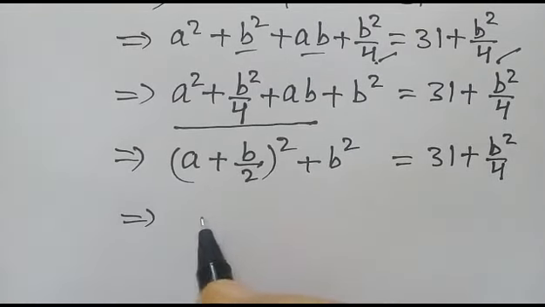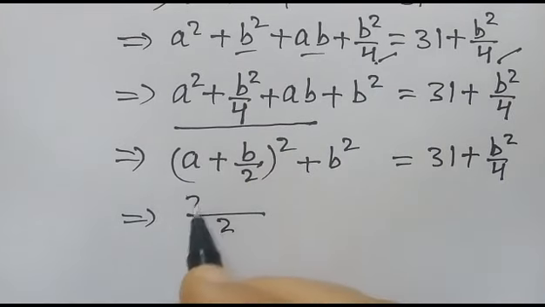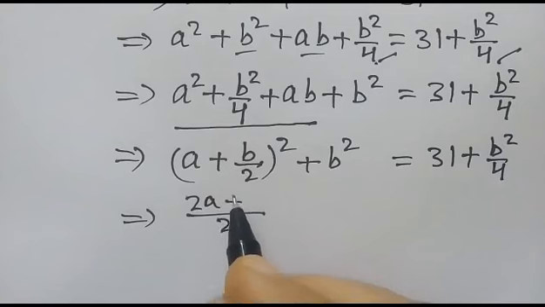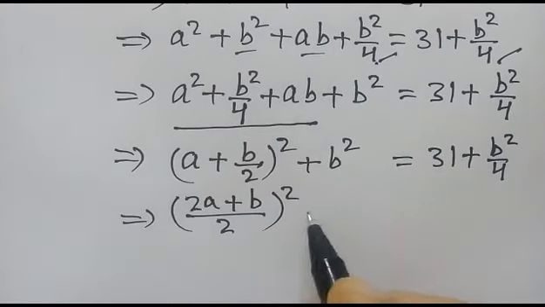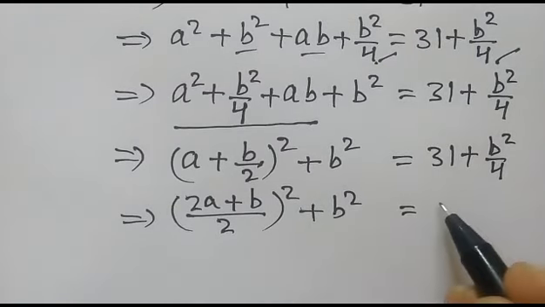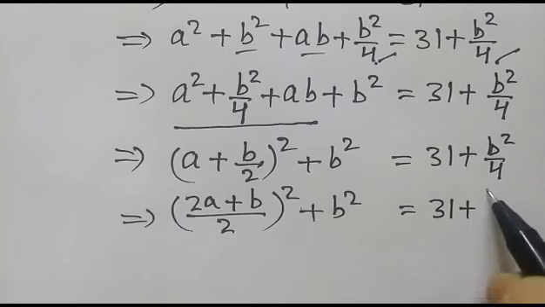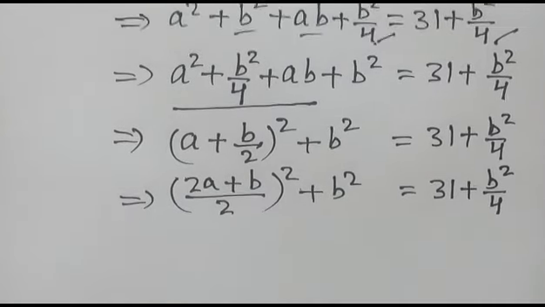Now, taking LCM of 2: (2a plus b) whole square plus b square is equal to 31 plus b square over 4, right?